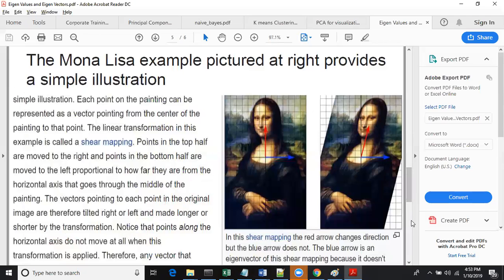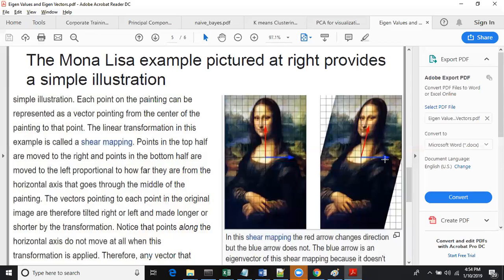Yes, the blue arrow, if you see here, is an eigenvector because it doesn't change the direction. Here, if you take 2, the red is changing its direction. So this is not an eigenvector. But the blue is, after the transformation also, it is pointing in the same direction. So it's an eigenvector. Eigenvector and eigenvalue are associated. If the length is going to increase because of the transformation, the number of times the length is going to increase is the eigenvalue.